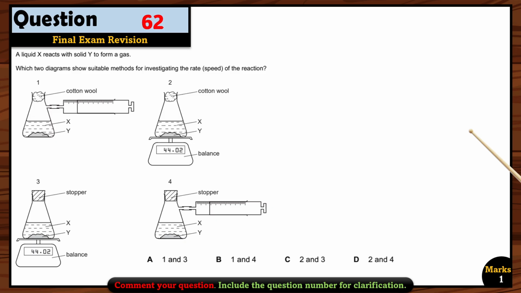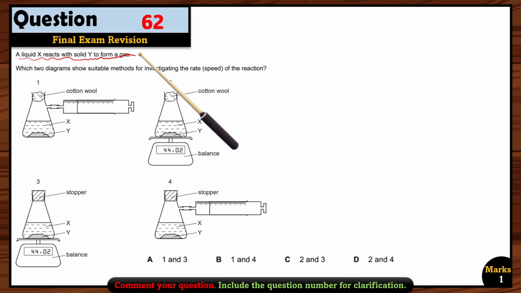So now they are asking which two diagrams show a suitable method for investigating the speed of the reaction. So now, for example, in one, what is the reaction? A liquid X reacts with solid Y to form a gas. Now your product is a gas, right? So if you want to measure a gas, because they are trying to measure a gas here, the product, your whole apparatus should be accordingly set for the rate of reaction that you are measuring.